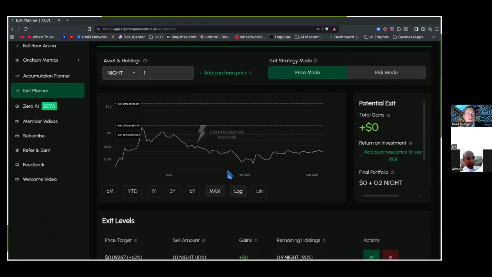Because of that, you can't go back very far. Technically, the only way you can acquire it is to have been part of the Glacier Drop, which is where they took a snapshot of everybody who had coins on the blockchain.